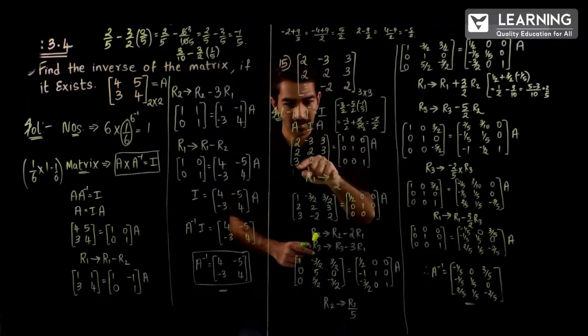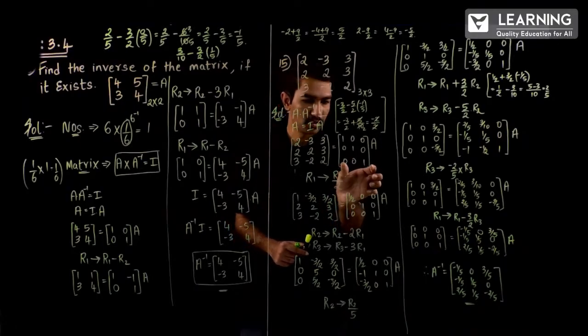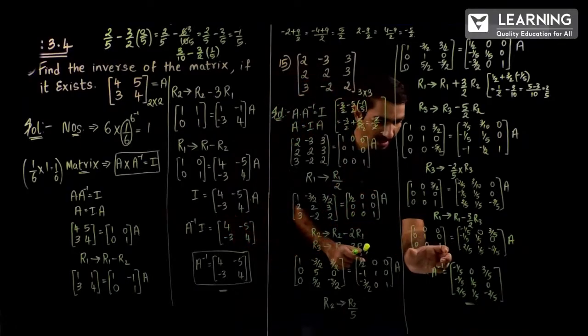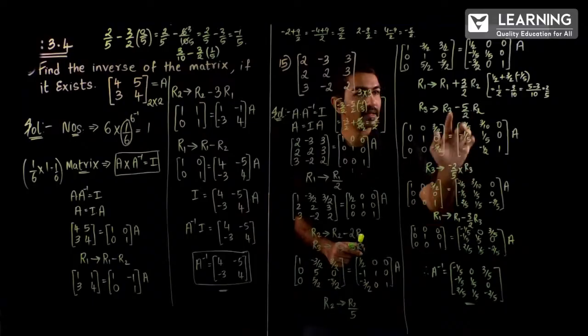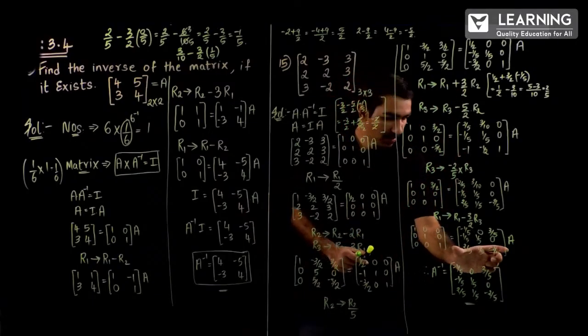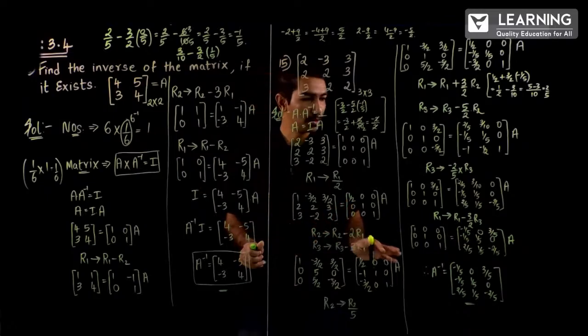During this process, whatever elementary row operations you are using to make this as 1 and make them as 0, the same operations must also be applied on this side. So at the end, when you obtain an identity matrix on the left hand side, whatever matrix that has been derived from all these elementary row operations, this will be called as the A inverse. I hope you understood this, students. Okay, make a note of this.